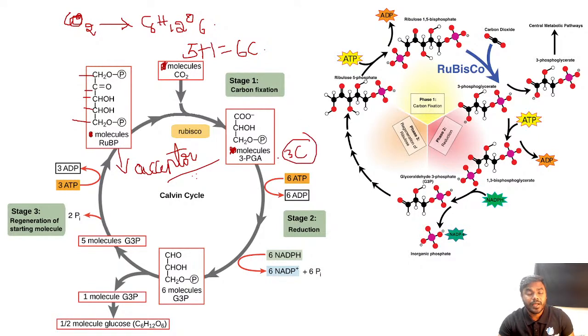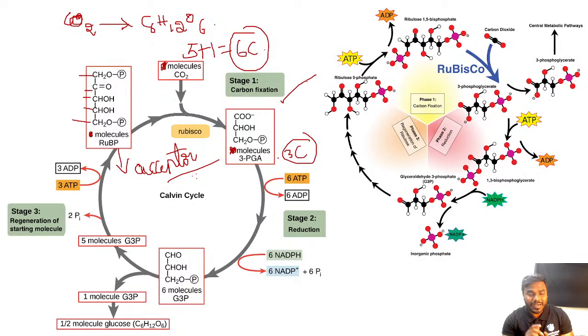Once again listen. The stable or intermediate product has 3 carbons. Now this 6-carbon compound breaks down into 2 molecules of 3-PGA. This is what we call carbon fixation.